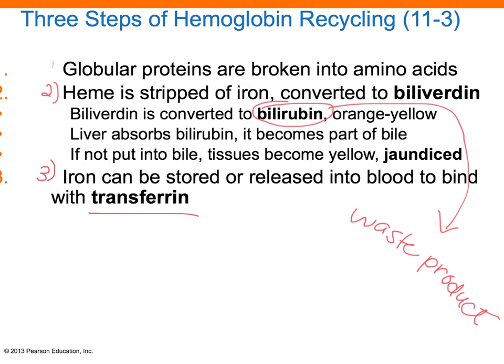Transferrin is a plasma transport protein, and it is used to make new hemoglobin molecules. So these are the fates of all of the components of the hemoglobin molecule once it is engulfed and broken down.